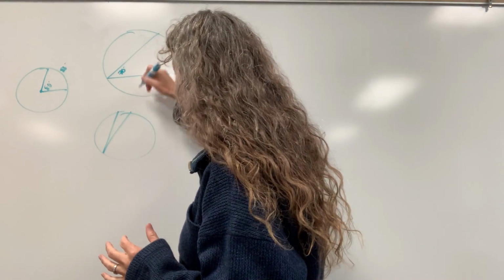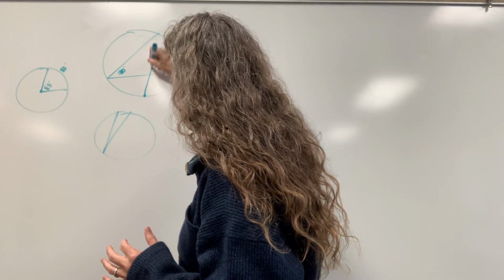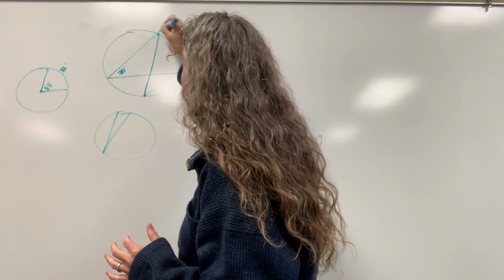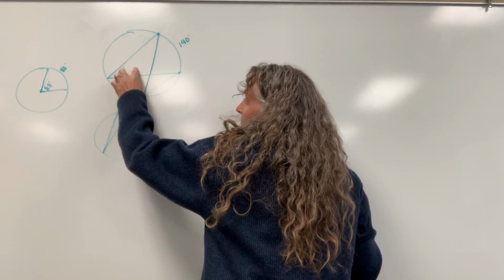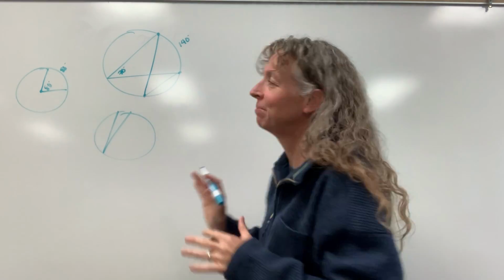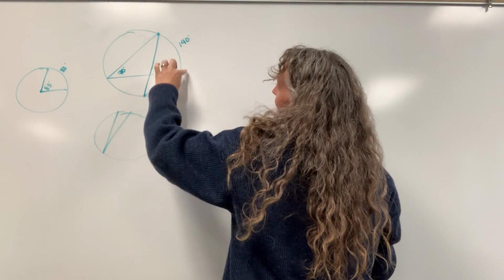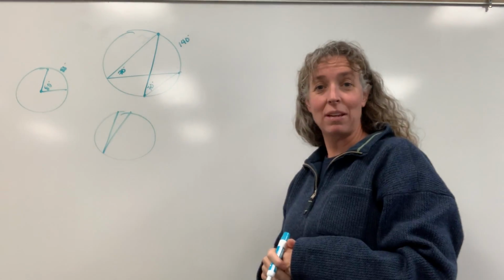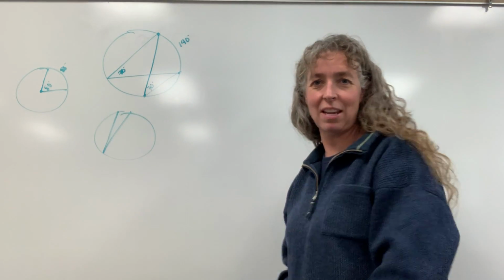But if I drew another inscribed angle in this circle and it had the same endpoints as this one, what do you think is true about these angles? They're the same. Because they intercept the same exact arc, they're both half, therefore they're the same thing. Inscribed angles, ladies and gentlemen, very exciting. Okay.